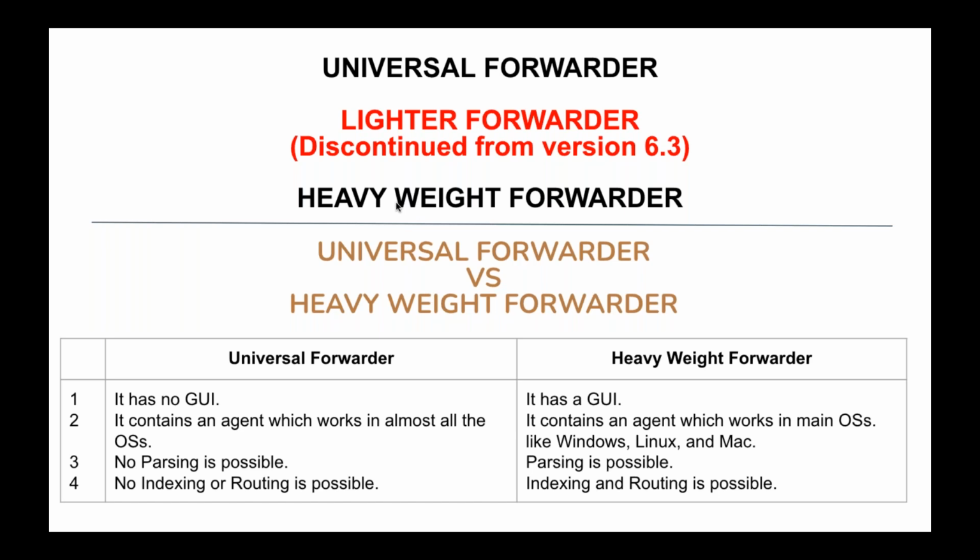Because it contains all these things, because it acts as everything, it is, as the name suggests, heavyweight actually. Even if you see the Splunk zip file, if you try to install it, it will be a 400 MB zip file itself. Once you install it on your machine, the installed version will be around 4 GB, because it contains all these components.